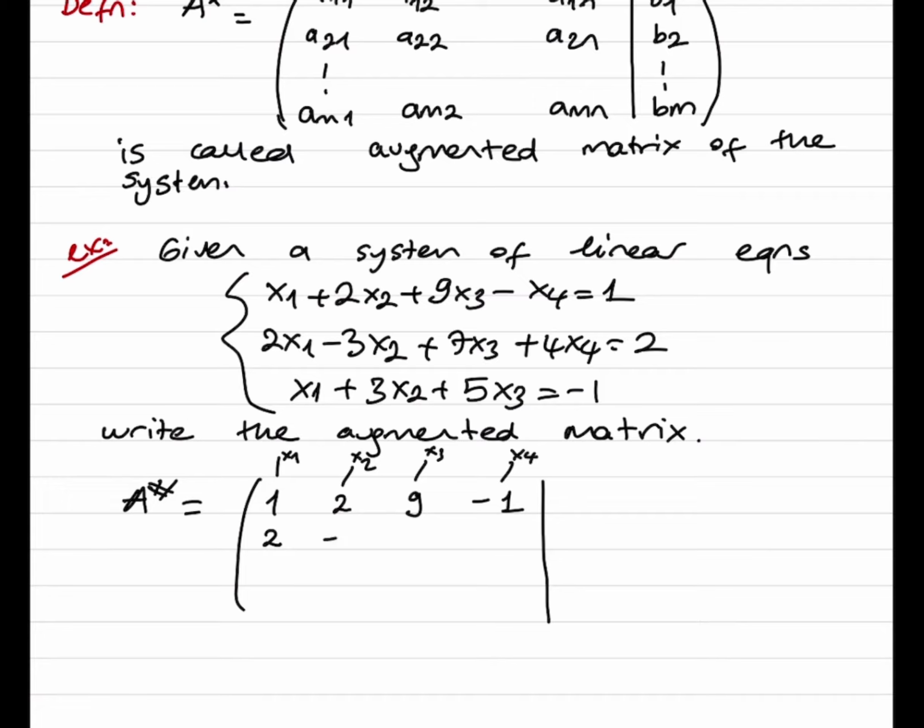What about x2? The coefficient of x2 is minus 3. x3 is 7, and the coefficient of x4 is 4, and 1, 3, 5. What about the coefficient of x4? It is 0 here, and we write b1, b2, b3 right next to it. So this is the augmented matrix of the system.